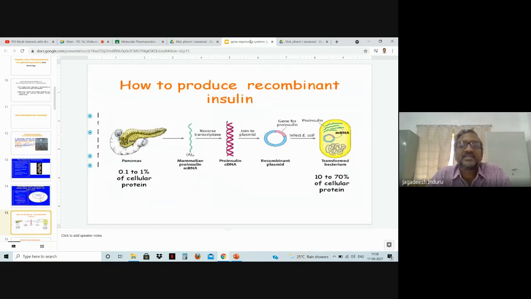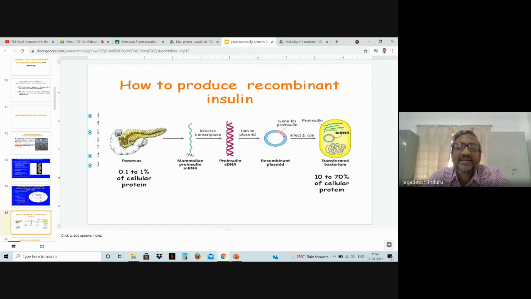If you take recombinant DNA insulin, we know the segment of the insulin gene which is responsible for producing the sequence of amino acids. We take that mammalian proinsulin, which has a sequence of nucleic acids. That mRNA we know, and we can extract it and convert it, and that segment is introduced into the plasmid of the bacteria.